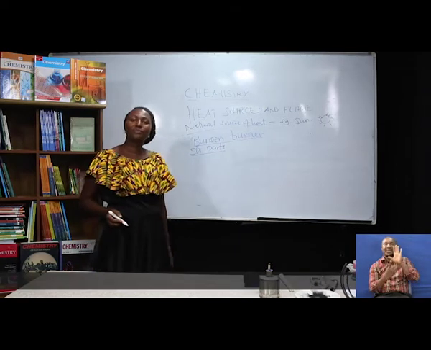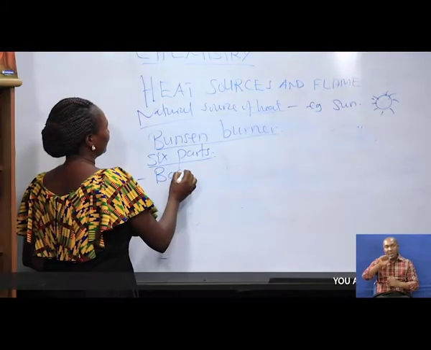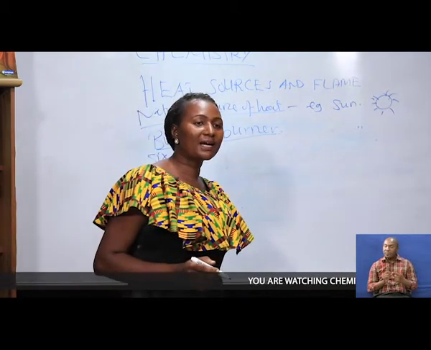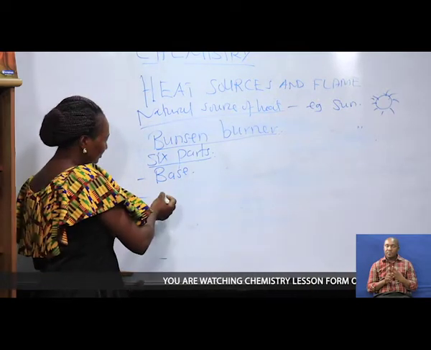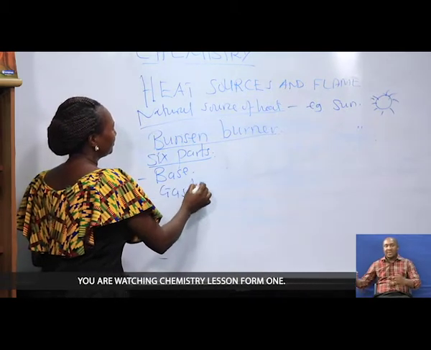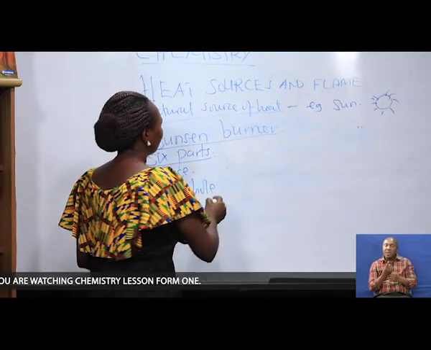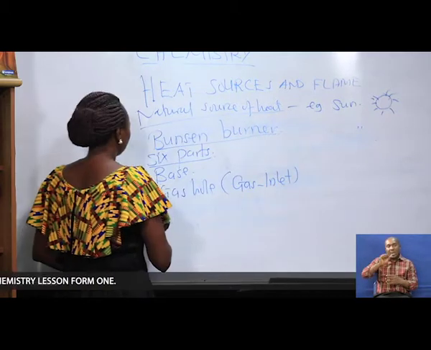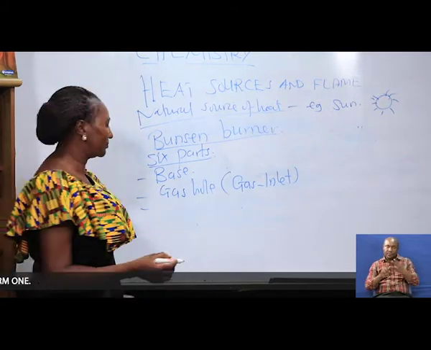The parts are as follows. It has a base. Another part of the Bunsen burner is the gas hole, or sometimes you can call it the gas inlet. Another part of the Bunsen burner is the jet.